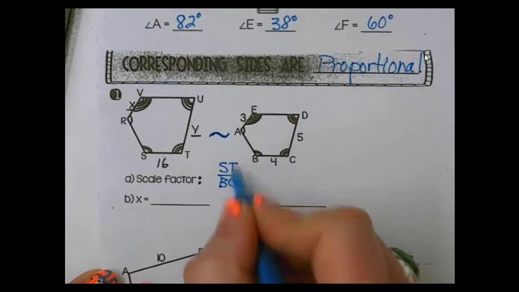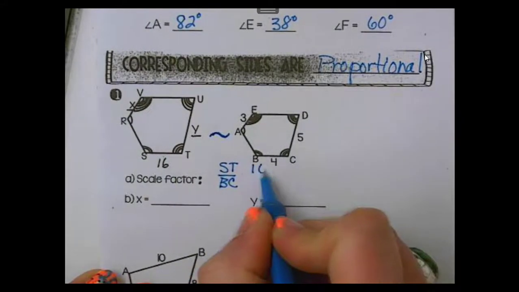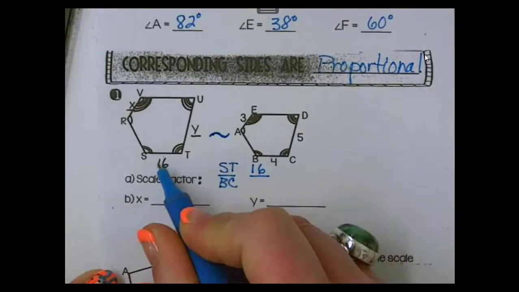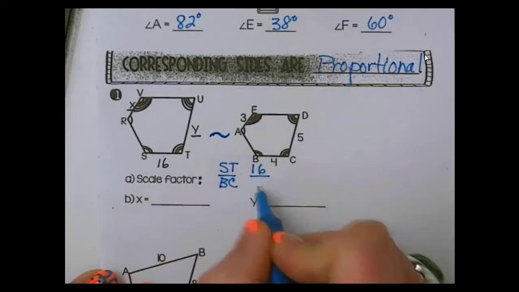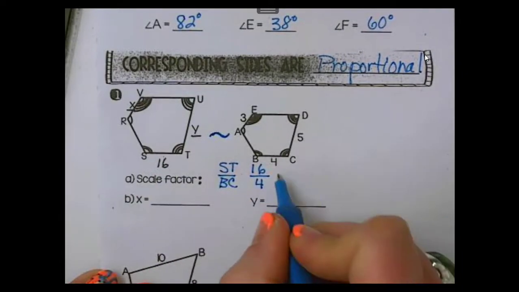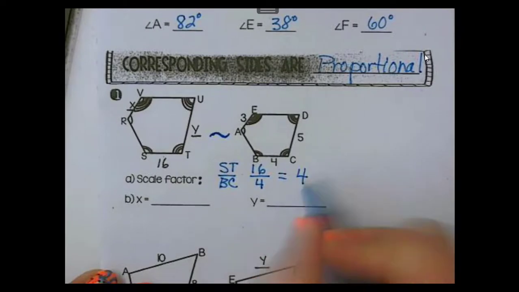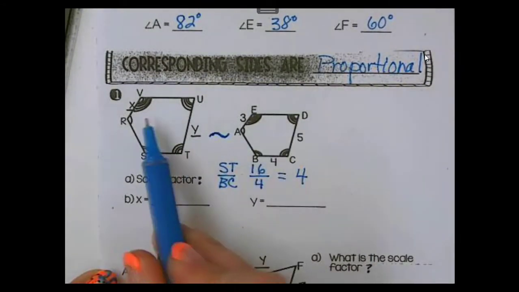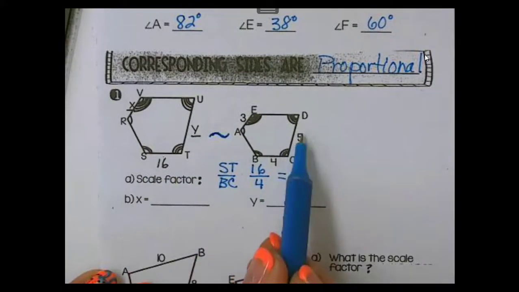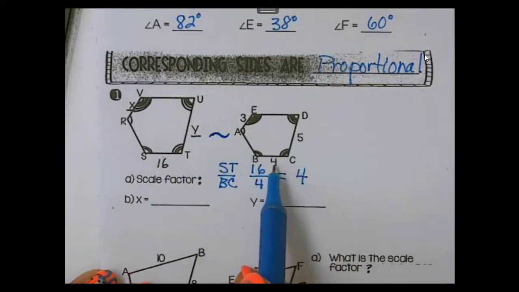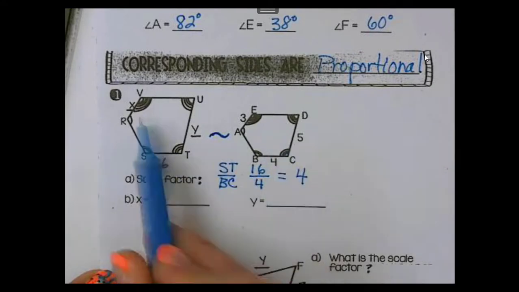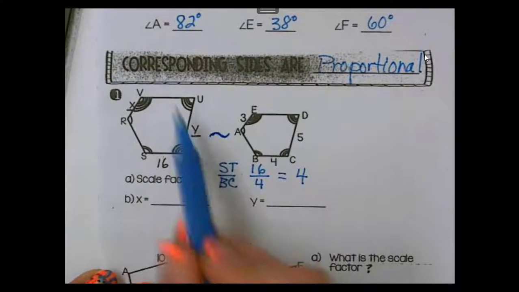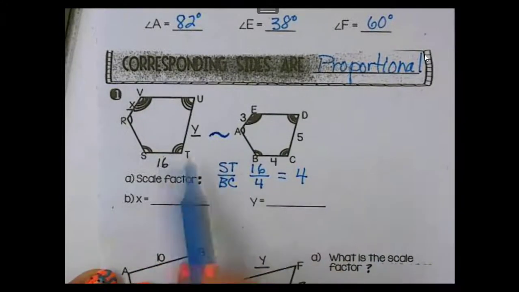So I can set up a ratio. 16 is the length of ST, BC is 4, and I simplify that and I get 4. So this shape compared to the bigger shape, we take those smaller values and we times them by 4 and we get the missing lengths on that bigger side.